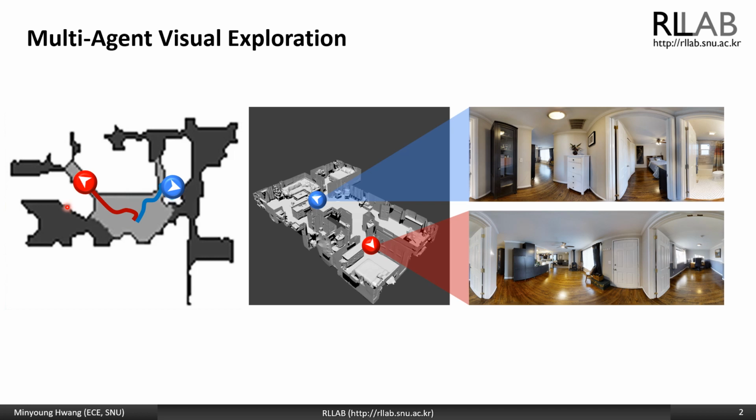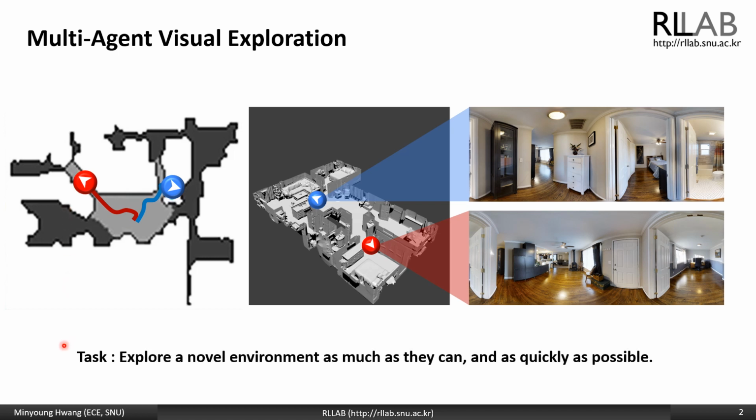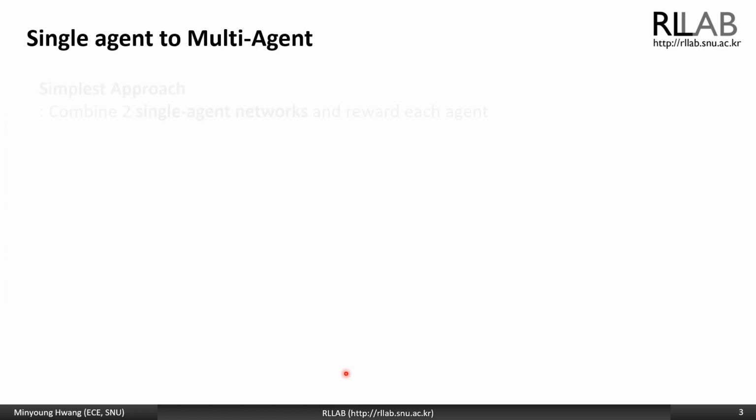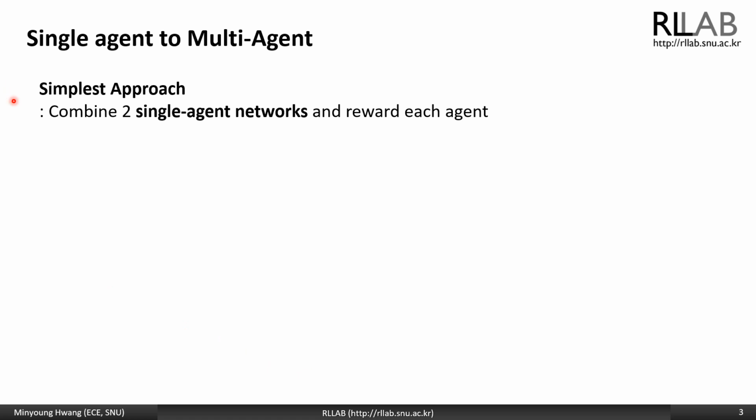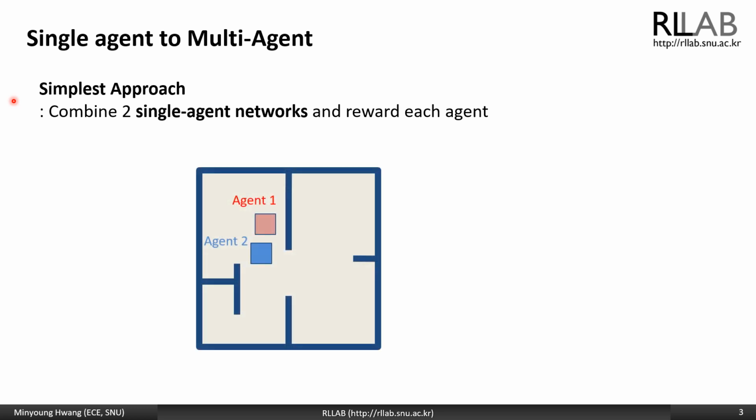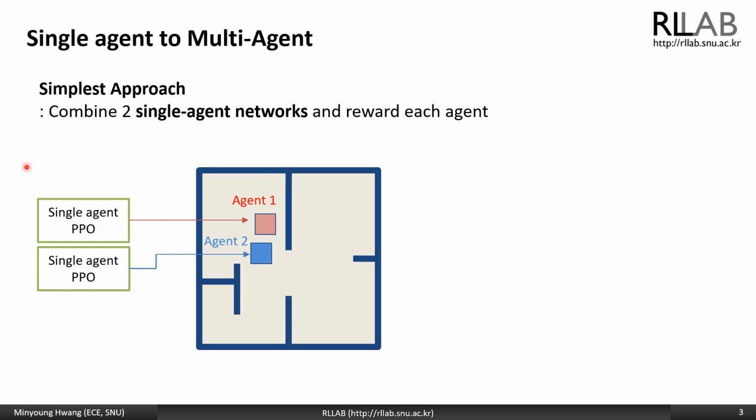Especially in this research, we try to solve a visual exploration task in a novel environment, training agents to explore as much as they can and as quickly as possible. A direct extension from single-agent reinforcement learning is to consider each agent as a single independent agent and apply independent Q-learning algorithm.